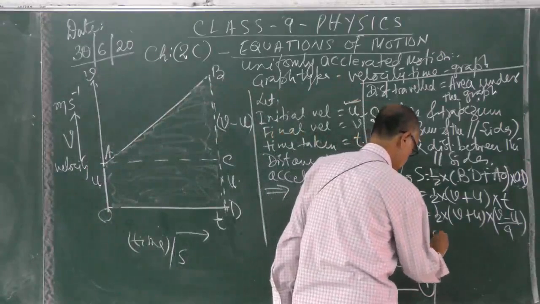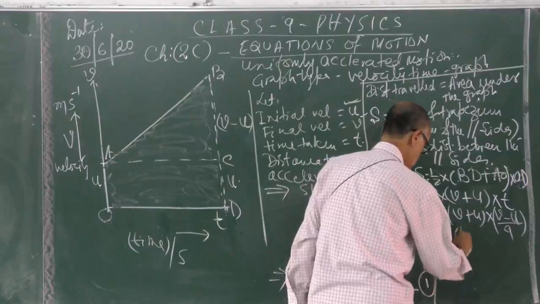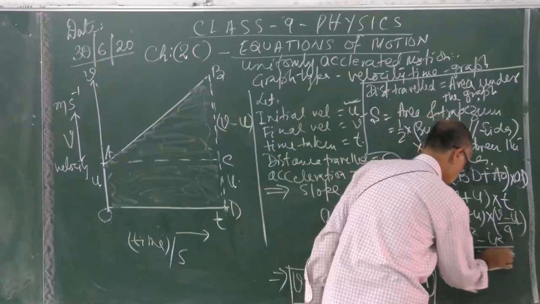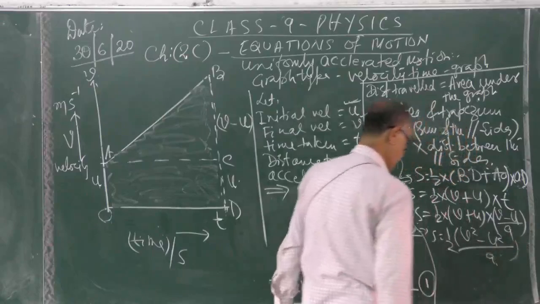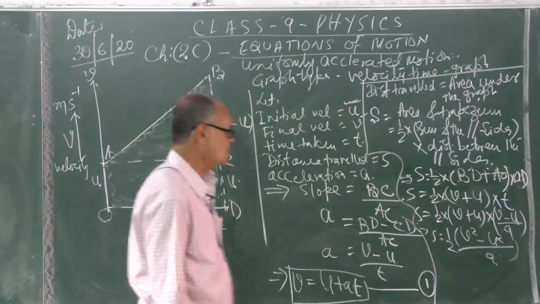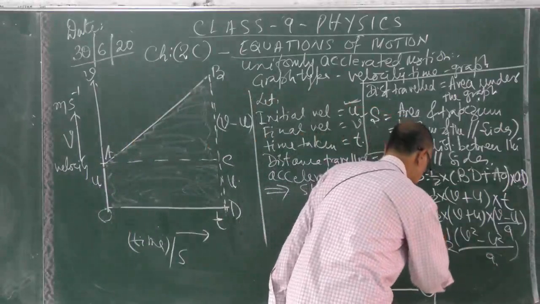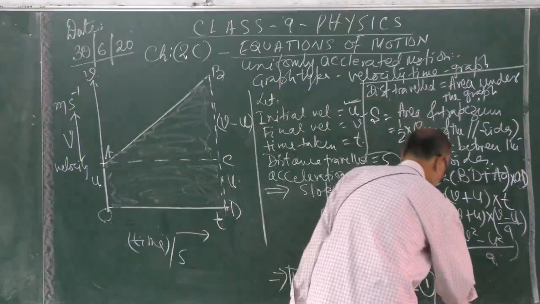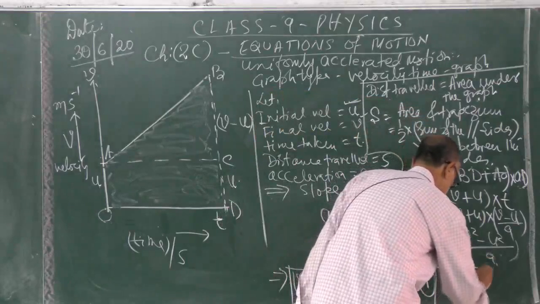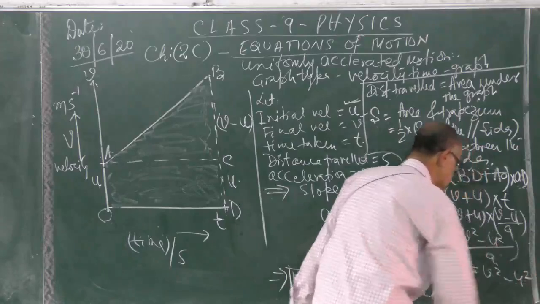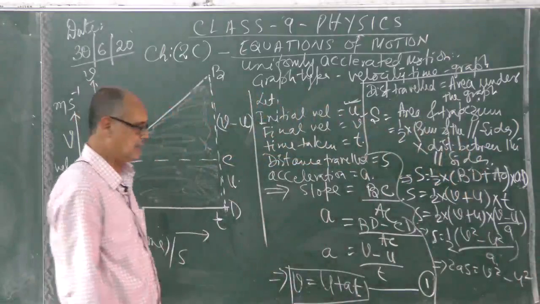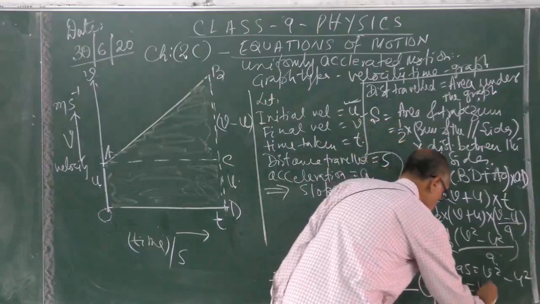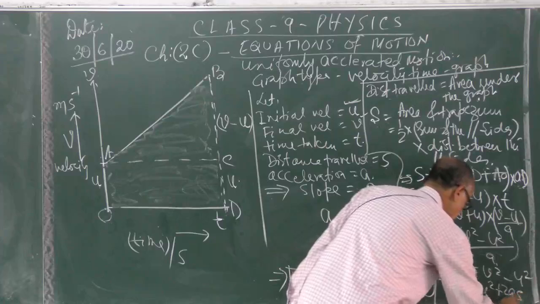S is equal to 1/2 into V square minus U square by twice A. Ultimately, when you cross multiply, you get the relationship twice AS is equal to V square minus U square. And likewise V square is equal to U square plus twice AS.